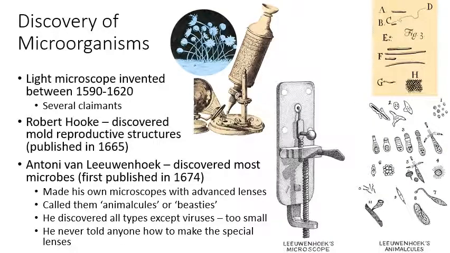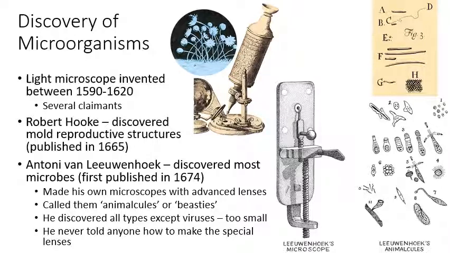So microbes were discovered after the light microscope was invented. No one really knows exactly when it was invented, sometime between 1590 and 1620, and there are multiple people who claim to have invented it, and we don't really know who did. But somewhere in there, the light microscope was invented. After that, people started using it to look at really small things and to draw them, and eventually microbes were discovered.